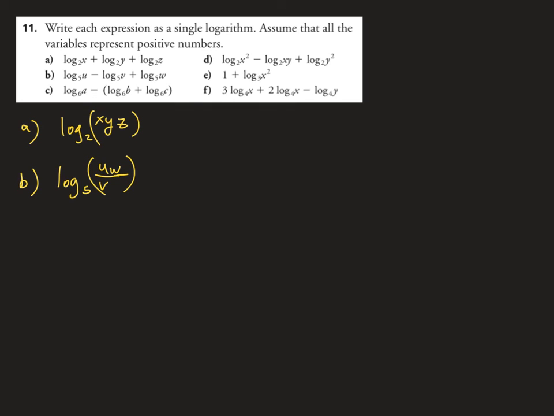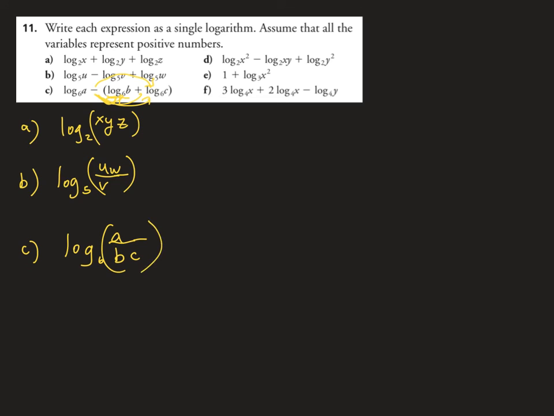uw over v. Part C, we've got log base 6 of a minus all of this. So it's like you take away the first one, so that means the b goes on the bottom. But also we're taking away this next one. You're subtracting both of the things that are in these brackets, so it's also minus the log base 6 of c.